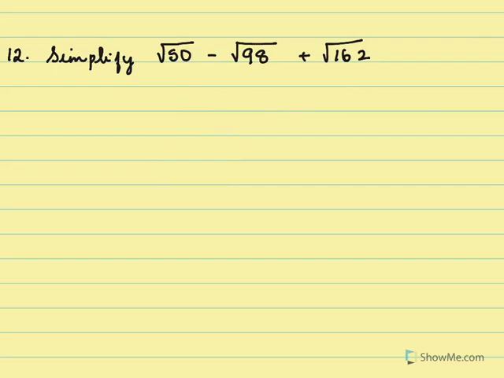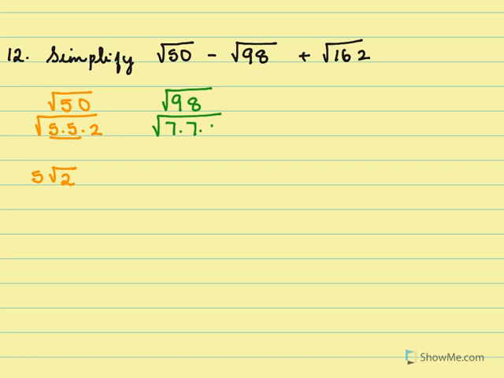Simplify √50 - √98 + √162. So we'll take up the first term, that is under root 50, and simplify it. Now on short division, your 50 will be 5 into 5 into 2. I make groups of 2. So it's 5 under root 2. The next one I need to do is under root of 98. So I'll simplify 98, and that would be 7, 7 and 2.